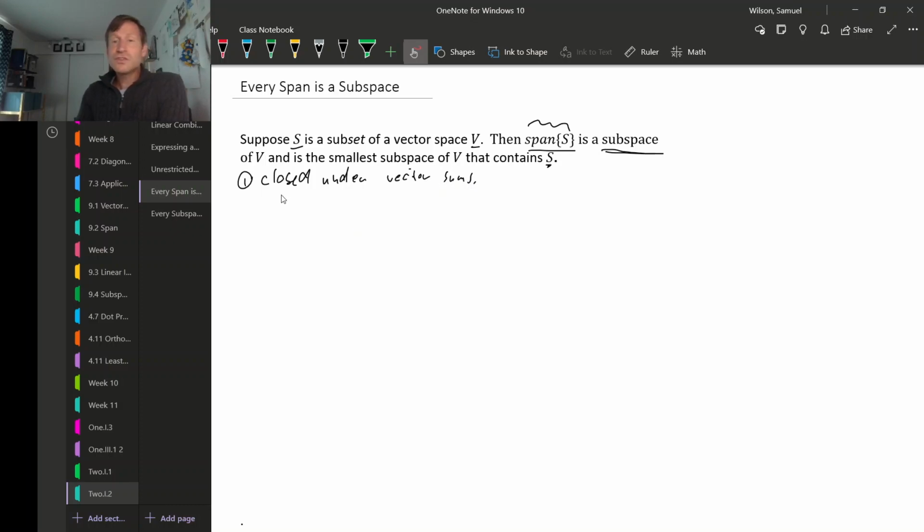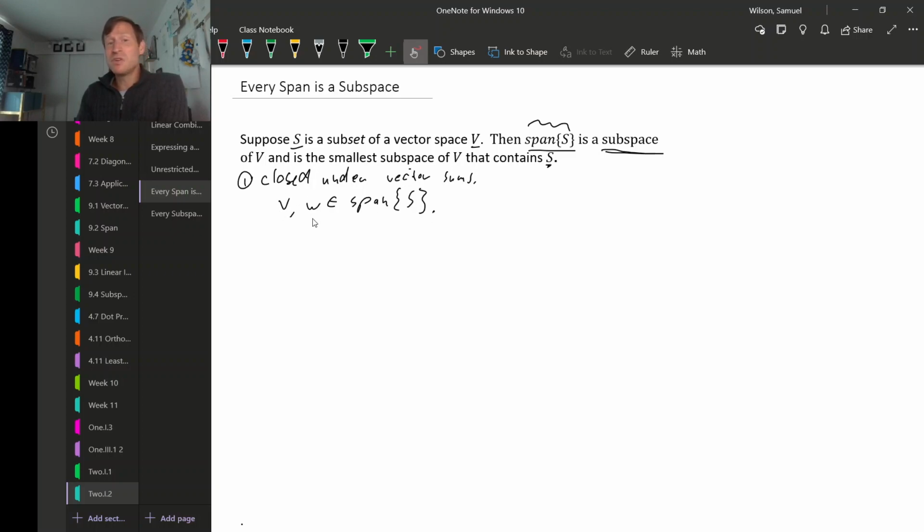Okay, so first we need to pick two vectors in the span of S. So let's take V and W in the span of S. Well, what does that mean? We want to show that the sum of them is in the span of S. Well, what does it mean to be in the span of S?